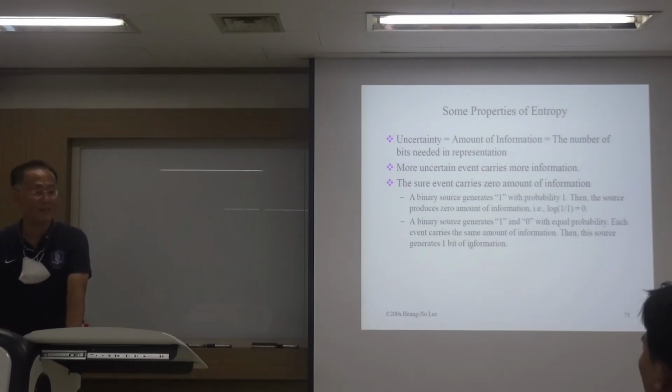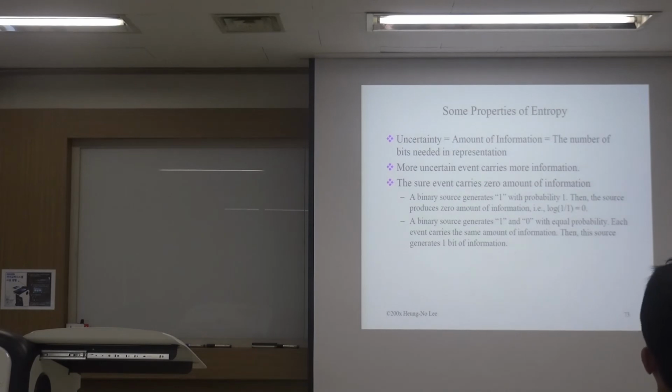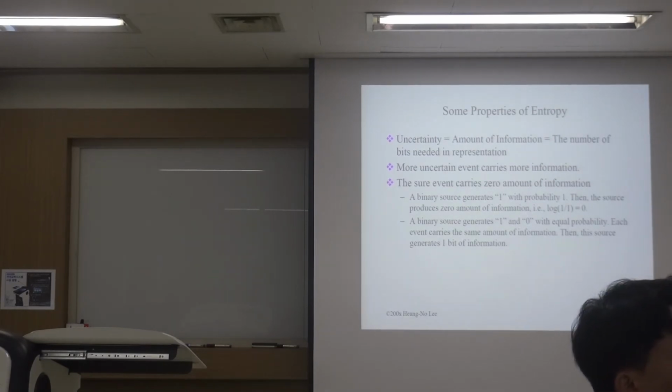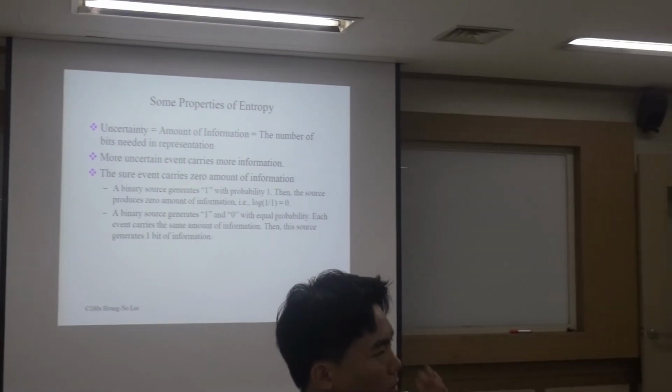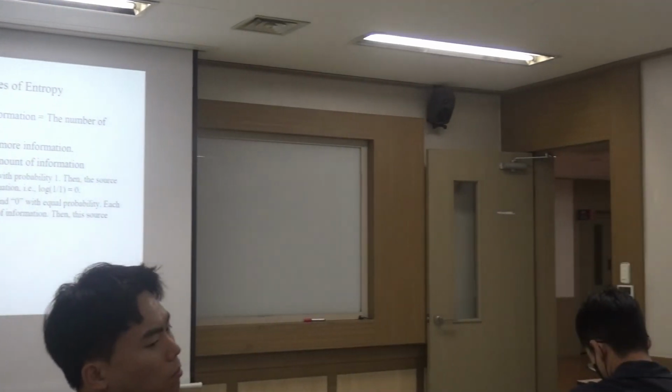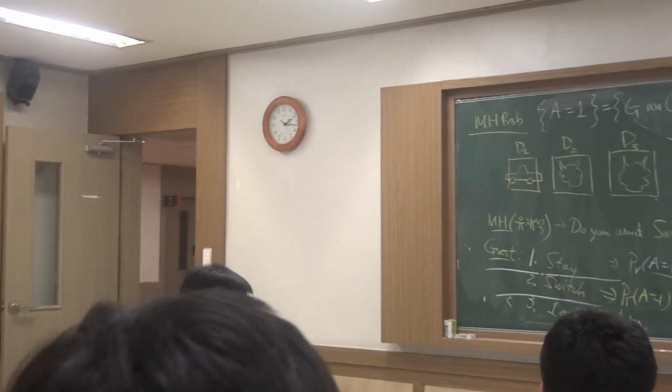How do you do that? Since you have asked, there is a source generating 1 and 0 with equal probability, so the probability is half and half.